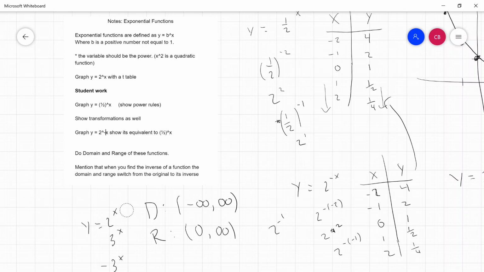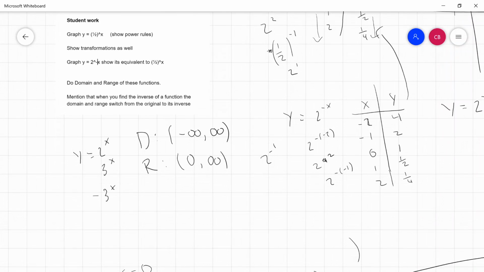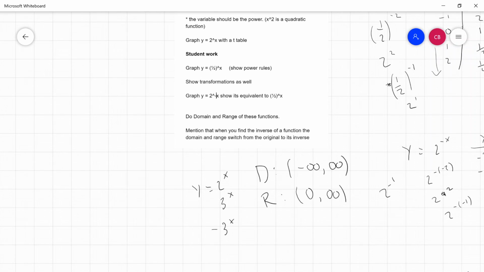Let me do another domain and range. Let me do y equals 2 to the x plus 4. So the domain of this is still going to be negative infinity to infinity. But the range now has changed.